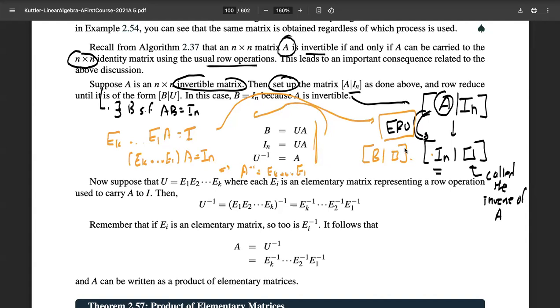A inverse is going to be the product of elementary matrices. And how do we obtain these elementary matrices? We take the matrix representation of all the elementary row operations we did when we discussed algorithm 2.37 in the previous subsection. That's what this entire thing is saying, but it's making it unreasonably complicated. All right, cool.